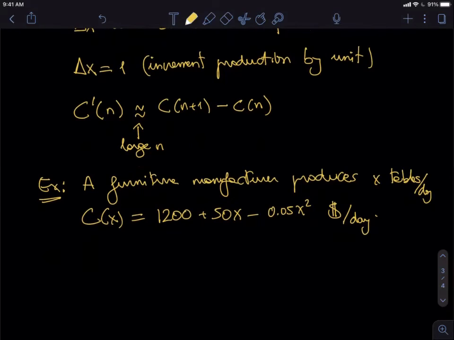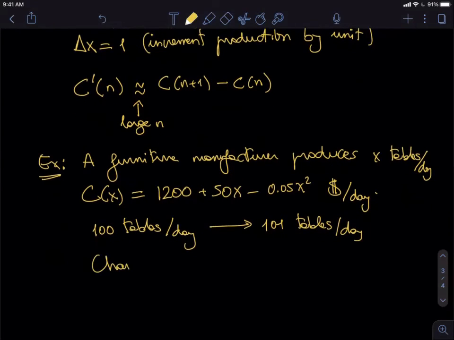Right now they are producing 100 tables per day. And the question is, how much will the cost change by producing 101 tables per day?